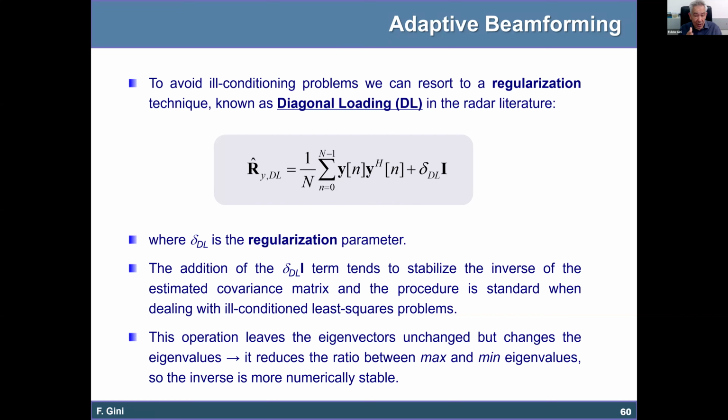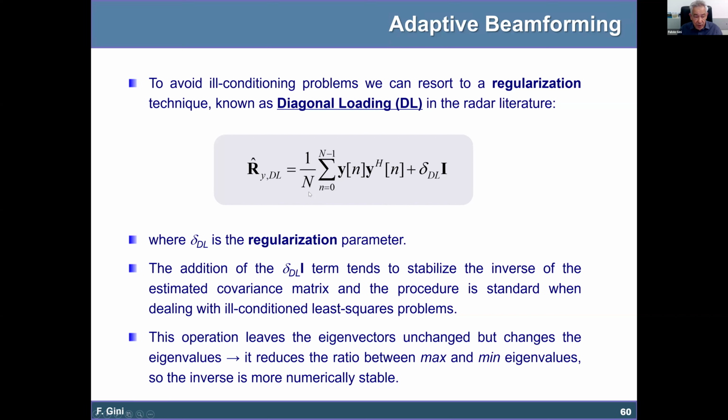Now, to understand the effect of this loading, you can think what happens in the two extreme situations. If delta tends to 0, you tend to Capon. So you go back to Capon. If delta tends to be very large, it means that this second matrix dominates the first one.